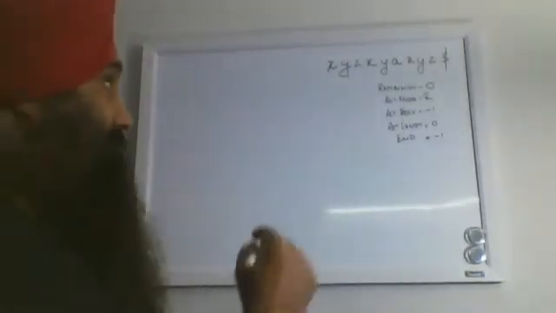So let us take the string x, y, z, x, y, a, x, y, z, $ sign. We'll be creating the suffix links for this tree in linear time using Ukkonen's algorithm, right?